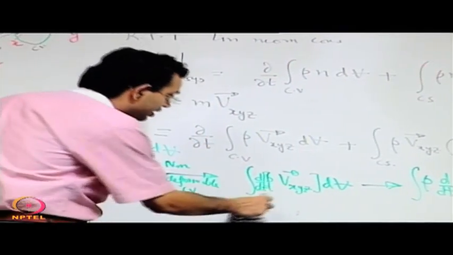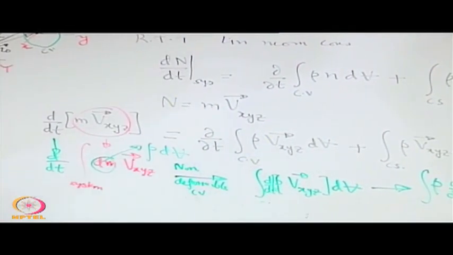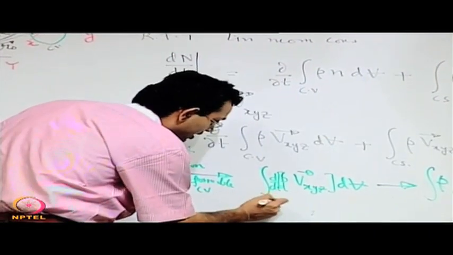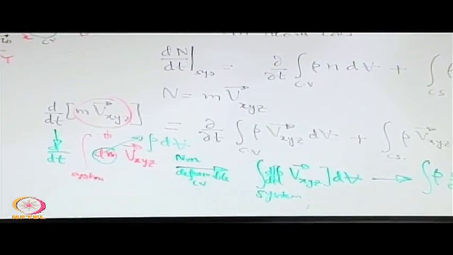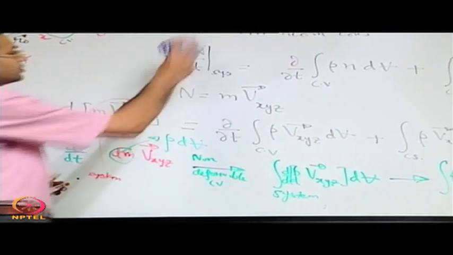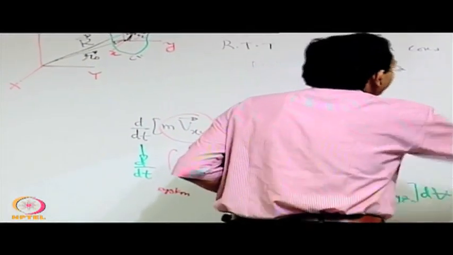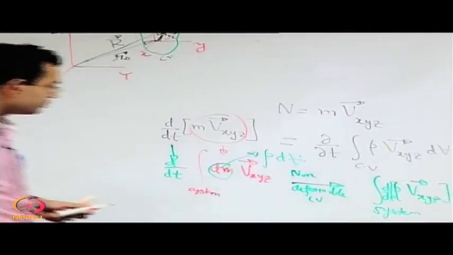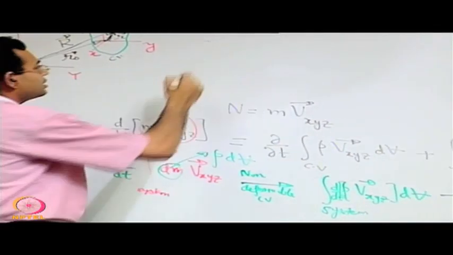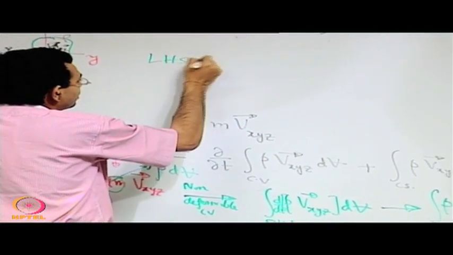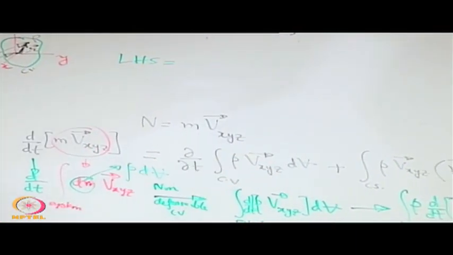That is what we have experienced earlier, but that we will do at a later stage. Till now we will preserve it as a system sense. Why? The next step will be giving you a clue of why we are trying to do that. So, in the next step what we will do, we will write the left hand side simplification. This is again system.